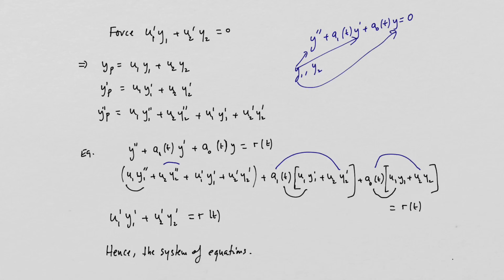For y1. So that's what I did here. If you look at this one, u1, y1 double prime, if you plug in, let me slow down here. Okay, I'm going to plug in y1. So you get y1 double prime plus a1t y1 prime plus a0t y1 has to be 0. And the same thing goes for y2, right?